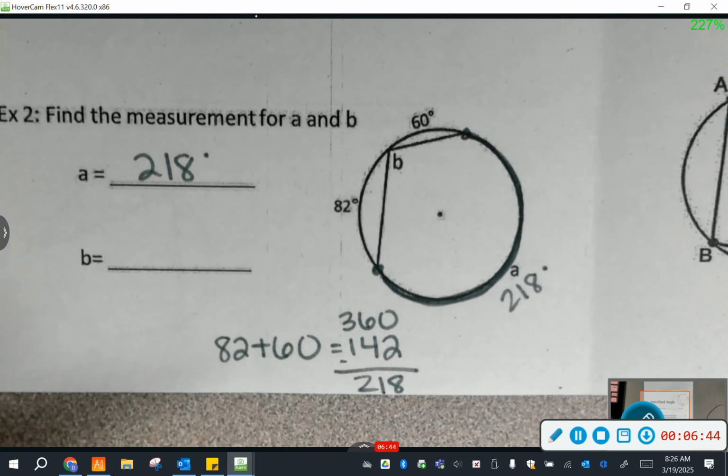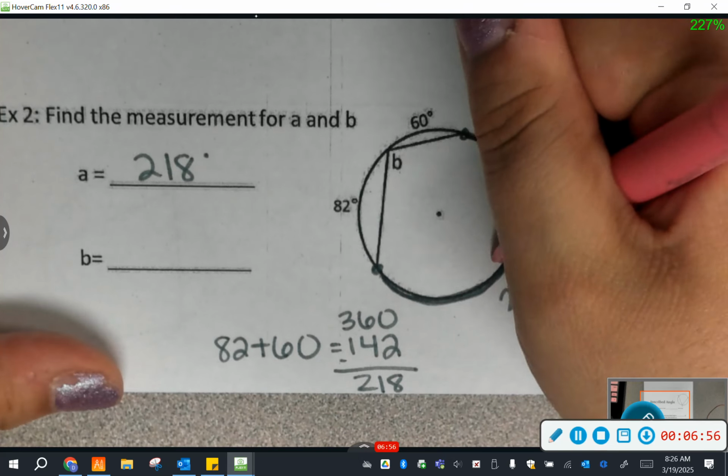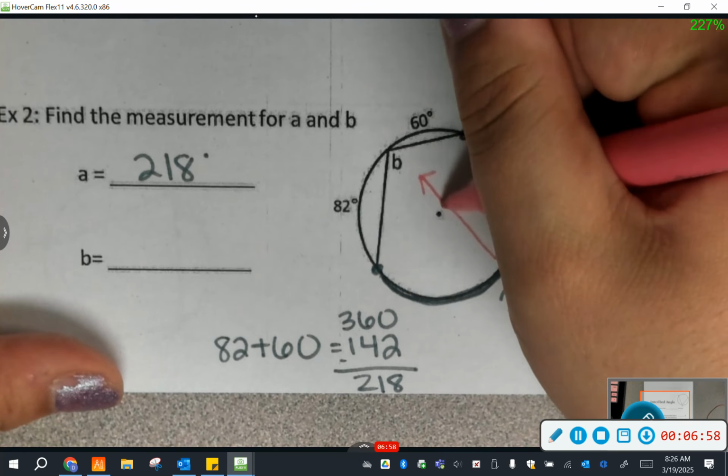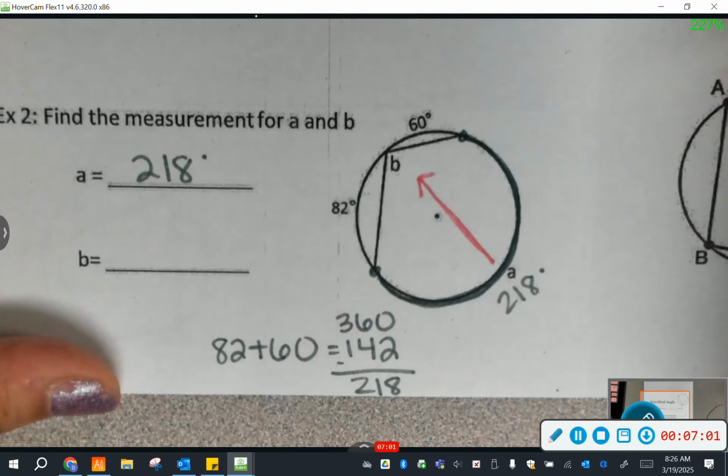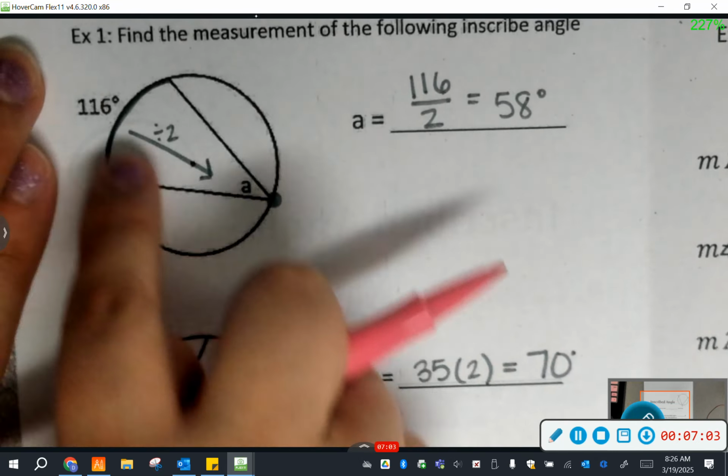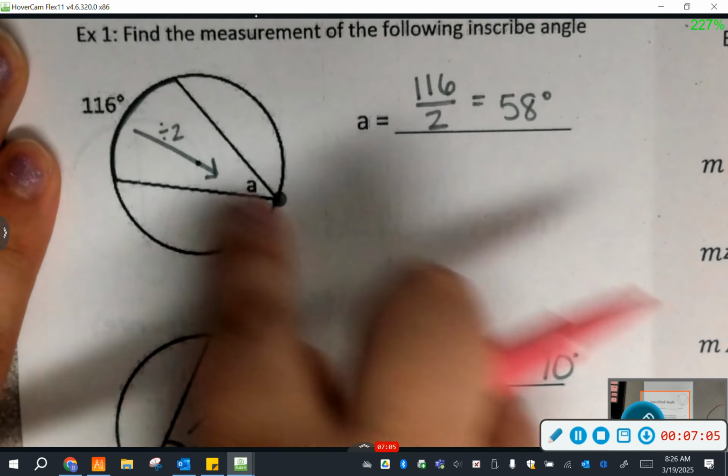What questions can I answer about how I got the rest of that arc? We're okay with that? How do I find B? If I have the arc and I want to find the angle, what am I going to do? What did we do right here when we had the arc and wanted to find the angle?